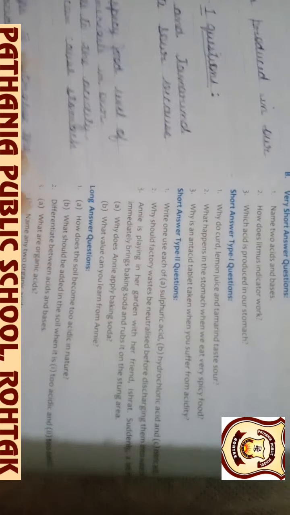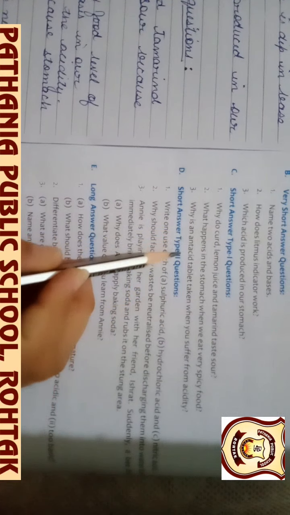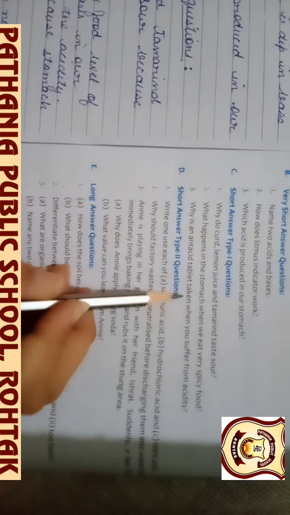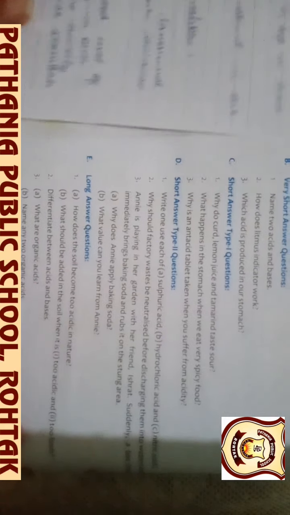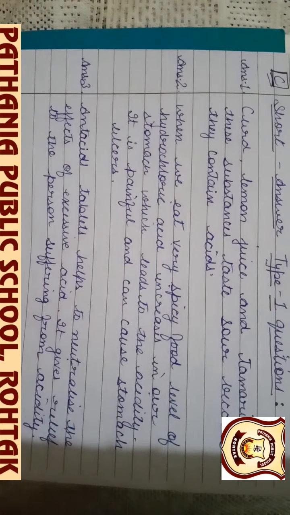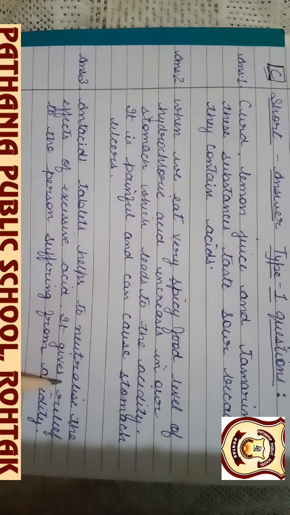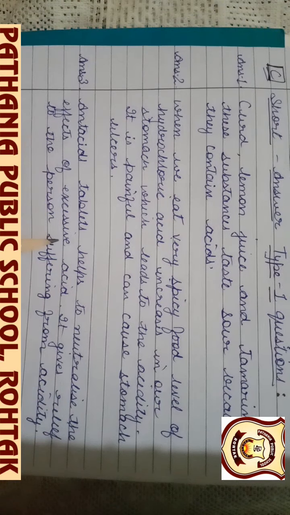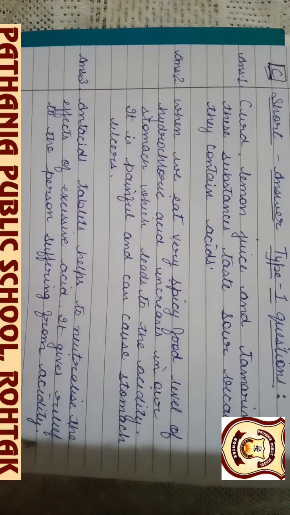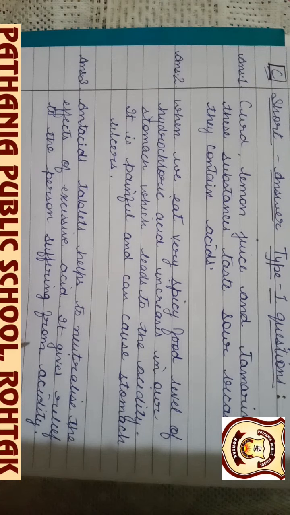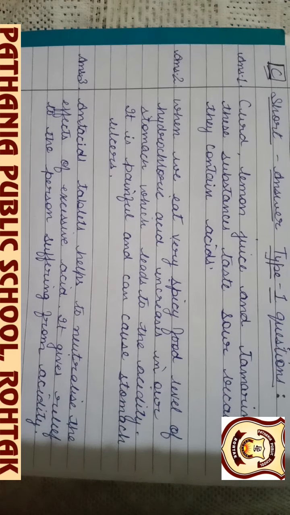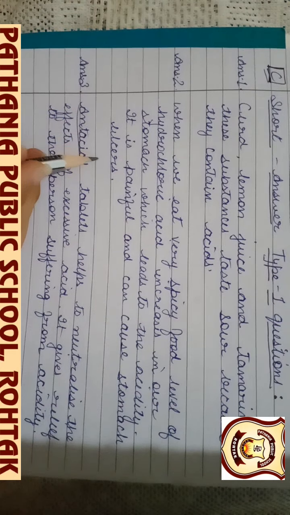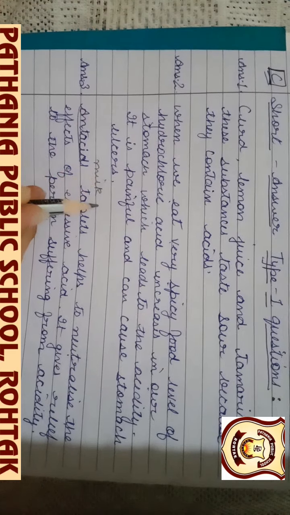Next question is, why is an antacid tablet taken when you suffer from acidity? Antacid tablets help to neutralize the effect of excessive acid. It gives relief to the person suffering from acidity. You can write down an antacid example also: milk of magnesia.